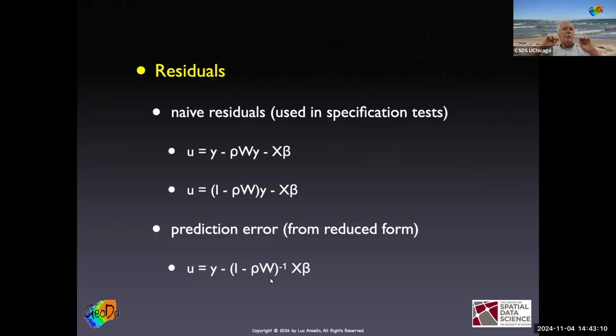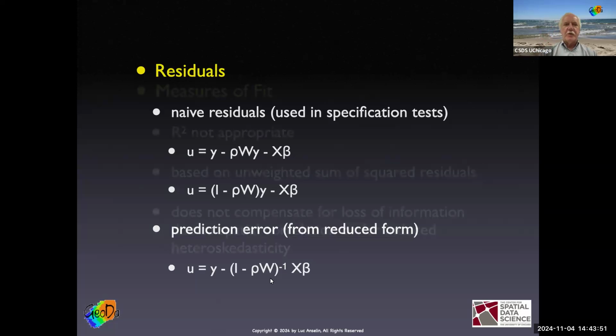And if your parameter estimate for the RHO is in the proper parameter space, that guarantees that the inverse exists. Now, if your weights are not row standardized, then your parameter space will have to be adjusted. If you violate that, and we'll see later when we run instrumental variables, it's not guaranteed that RHO is less than 1. And sometimes you get values larger than 1, and then the inverse does not exist.